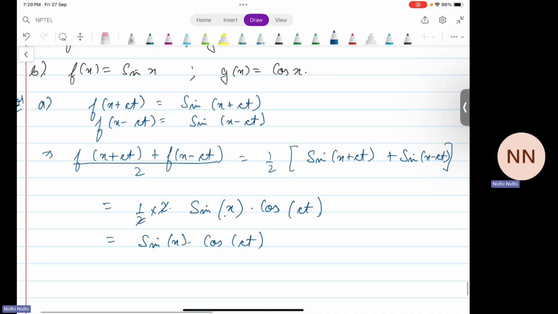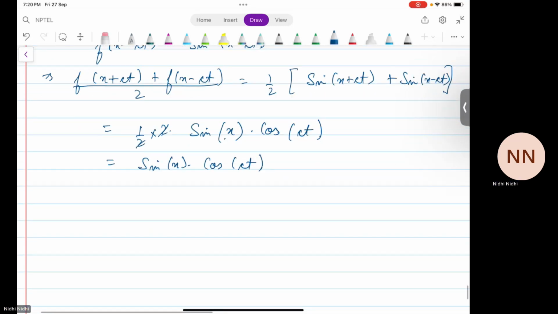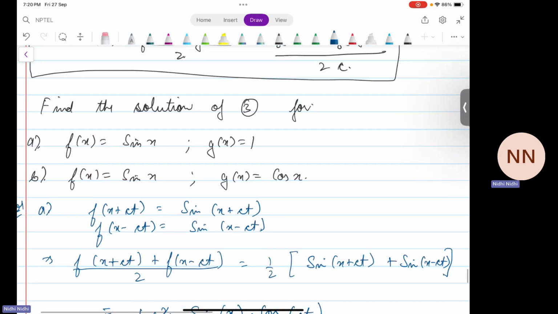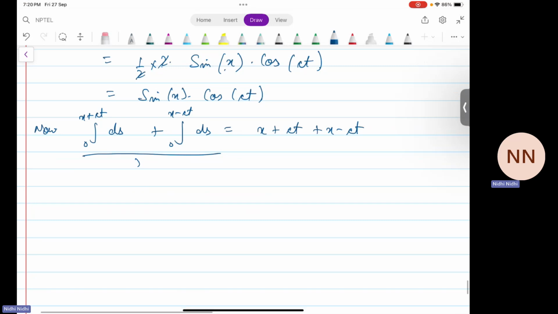So since gx is just 1, integration 0 to x plus ct ds plus 0 to x minus ct ds is nothing but x plus ct plus x minus ct, divided by 2c, which is just x by c.